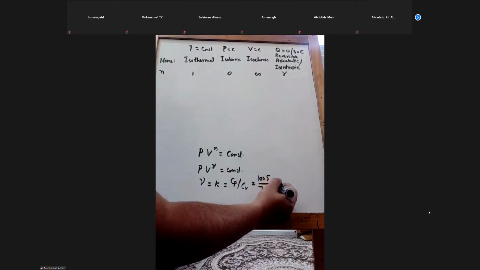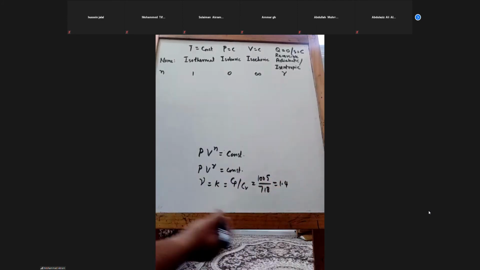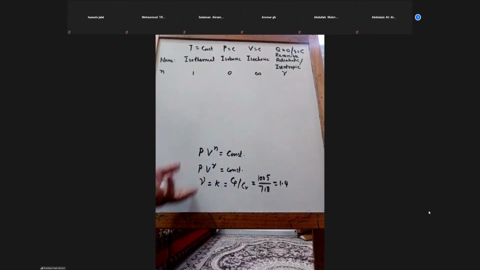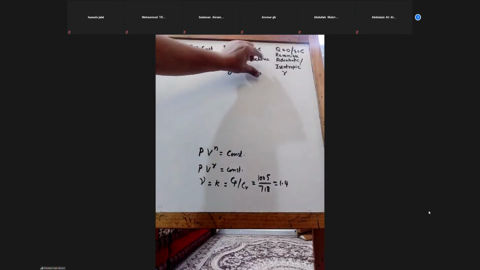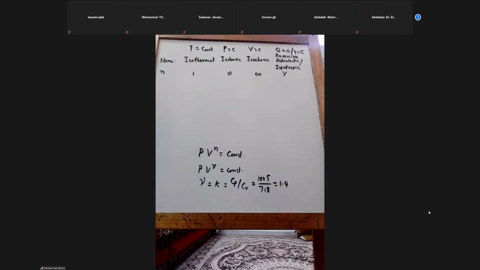So gamma for air becomes 1.4. For aerospace engineering students, these values are very important. You need to remember these values. So N is 1, 0, infinity or gamma.